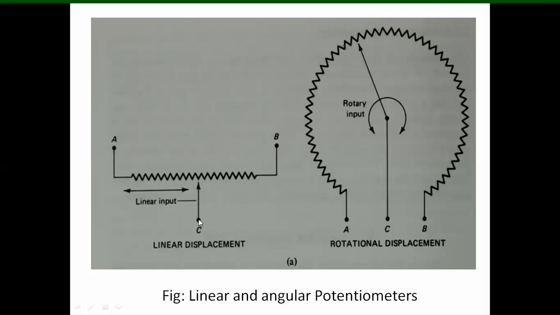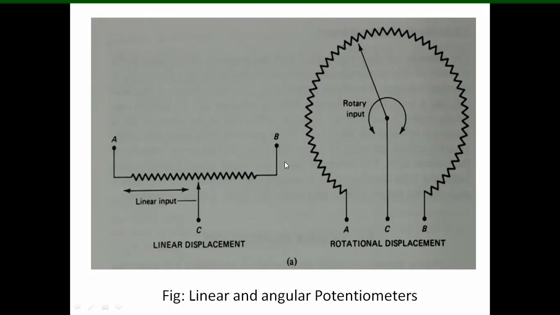If we measure the voltage across C and B when the pointer is at the initial position, we get 100% output voltage. Now we apply some displacement, then this point will move towards the right side. Depending upon the displacement, the position of this C contact will change, and the corresponding voltage drop across these two points, C and B, will be observed as the output voltage.